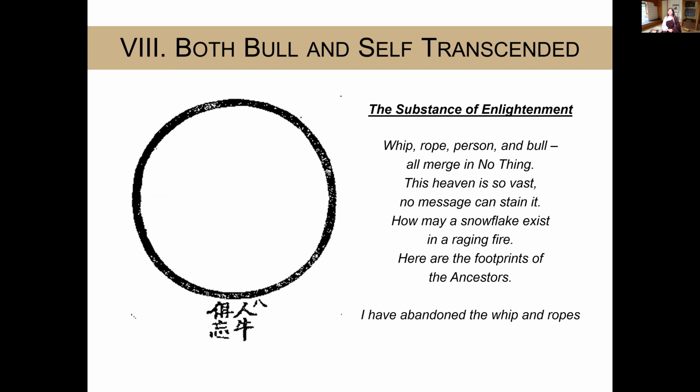So life becomes some experience of ease. So the substance of enlightenment is nothing. It's the emptiness that we have come to know from the Heart Sutra, right? But what a great nothing it is.